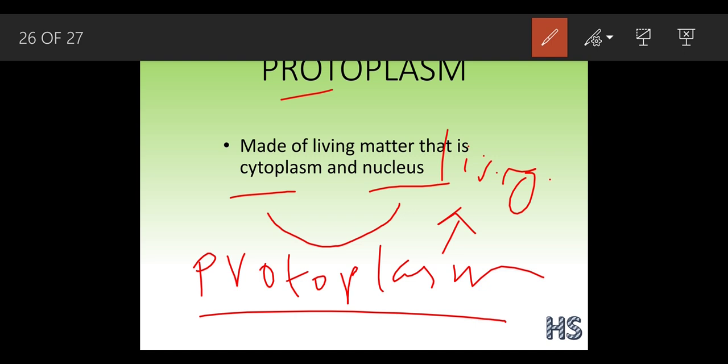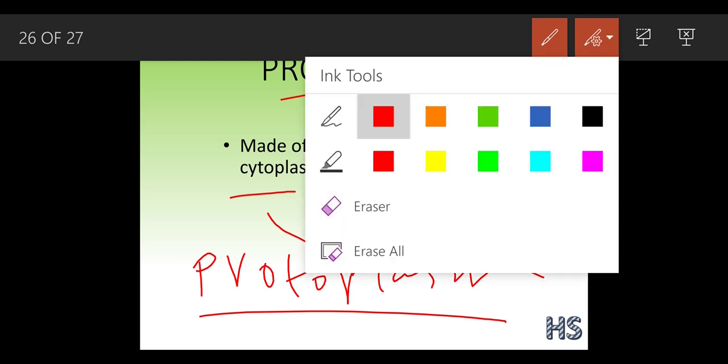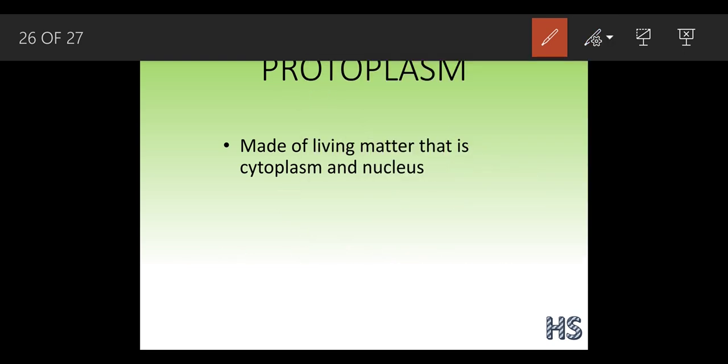This protoplasm is contained inside the cell, and it is made up of different types of elements. What are these elements?